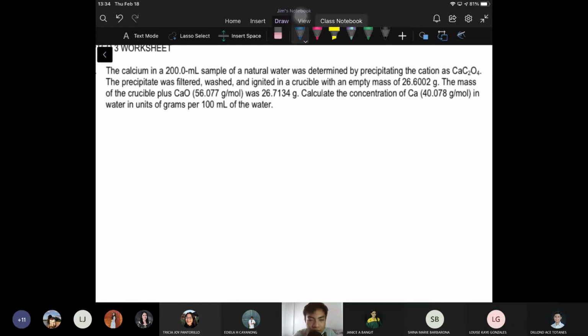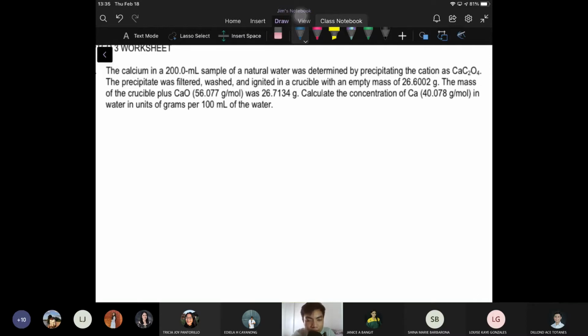So after nun, we will get the final mass of our precipitate. Then from that mass, we can convert that back to our original ions using stoichiometry. So kunwari, you want to convert your precipitate back to the original form, gamit ka lang ng stoich para makuha mo yung original mass ng iyong analytes.